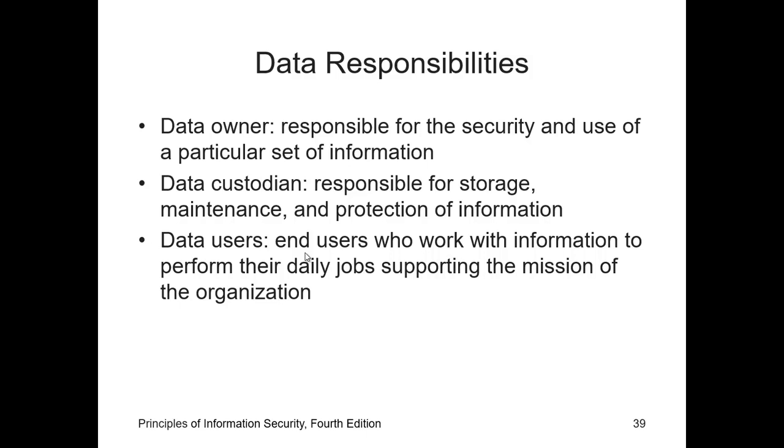Based on that, we can identify 3 entities in the system that will be directly related to data as part of their responsibility. First, the data owner, who is responsible for the security and use of a particular set of information. Data owners usually determine the level of data classification associated with the data, as well as changes to that classification required by organizational change.